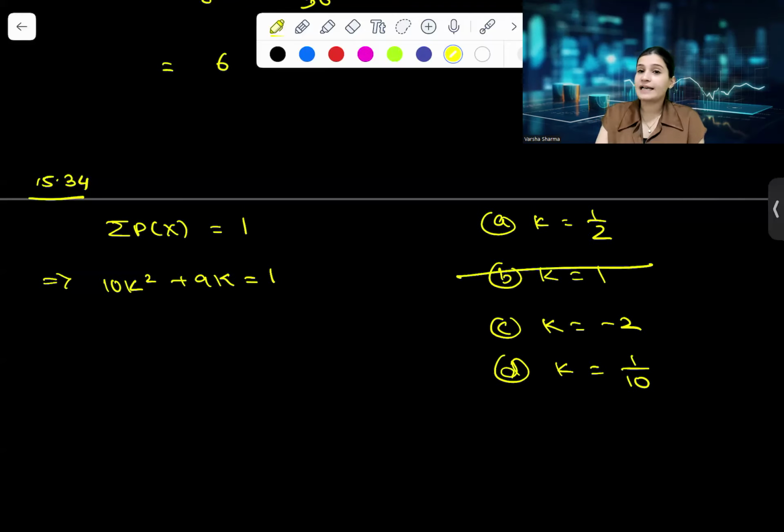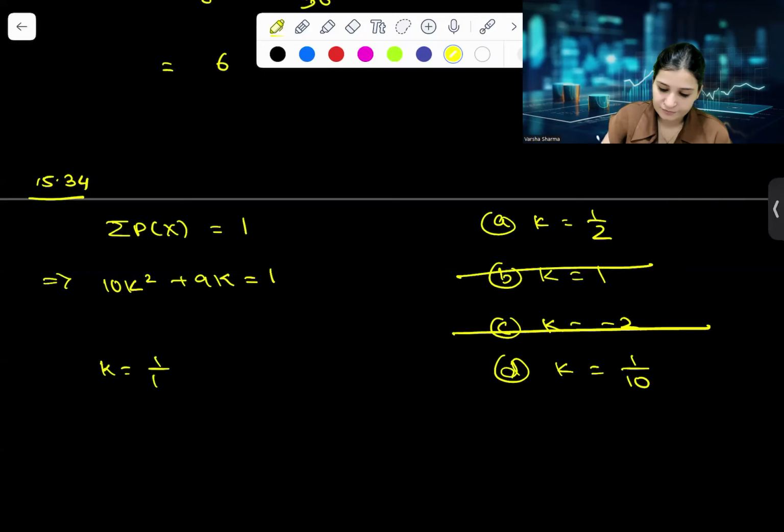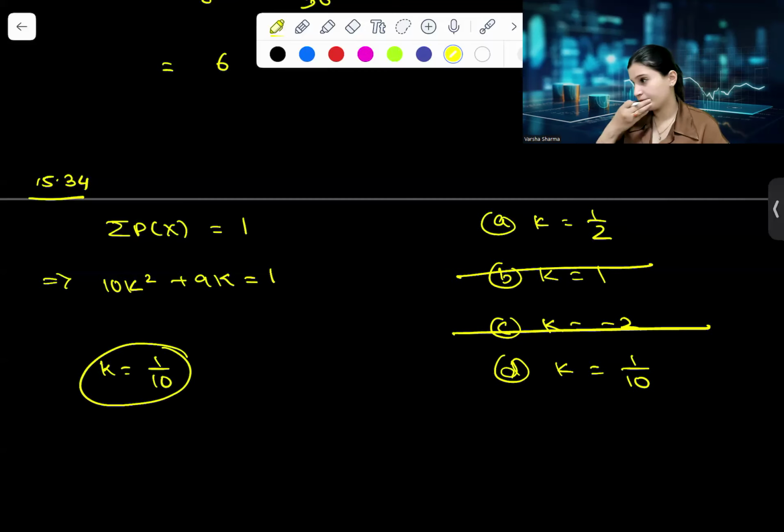This is wrong. Again, k is written in probability, so it cannot be negative. The only possibilities are A and D. Do trial and error. D, ma'am. K is 1 upon 10. Understood?